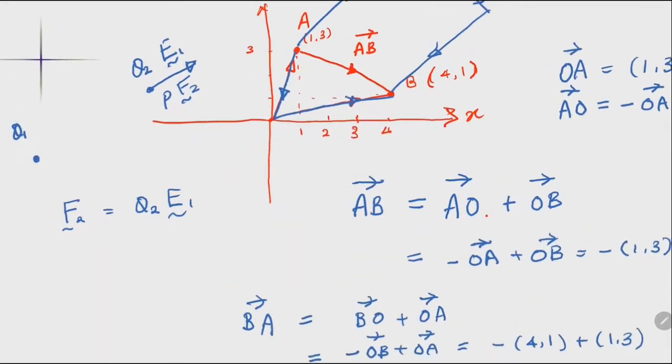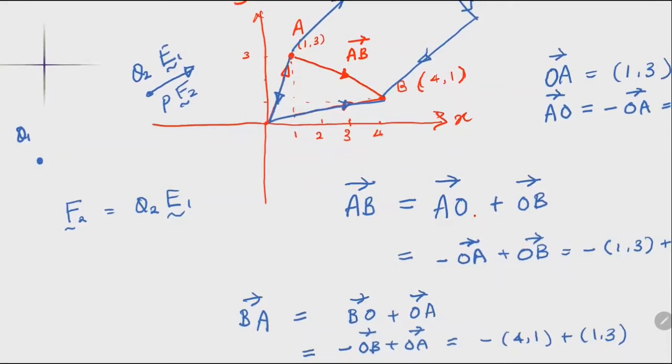So you don't have to go back to Coulomb's law to calculate the force, because you already know the electric field at that point. All you do is multiply by the charge that's sitting at the point where you're trying to work out the force.